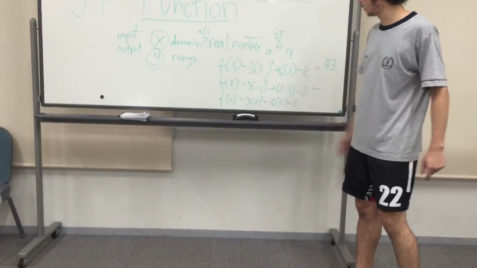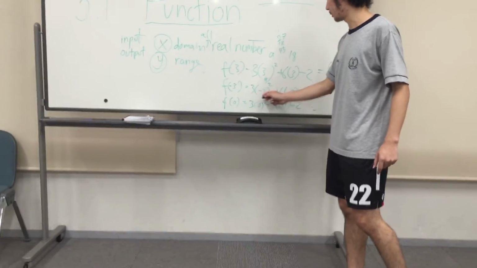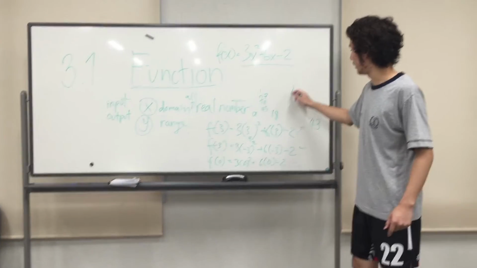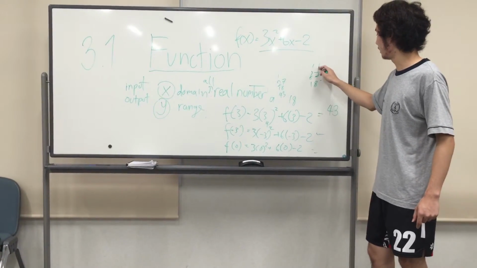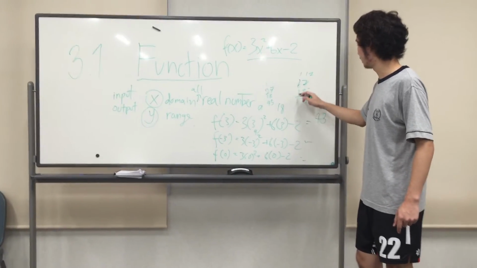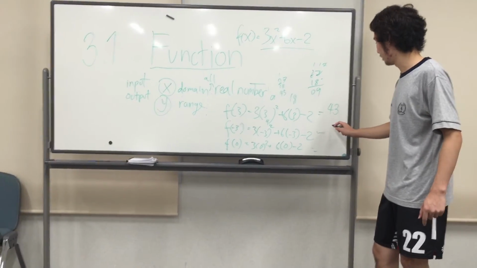Next, 9, 27 minus 18, 9, minus 2, so it's going to be 7.